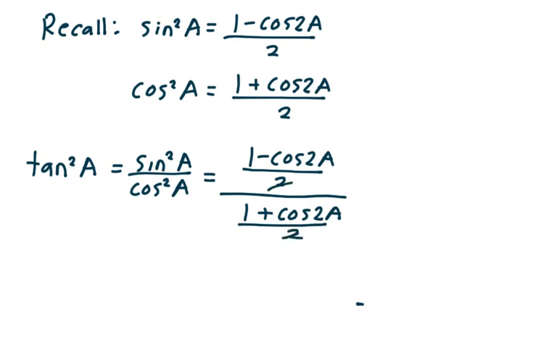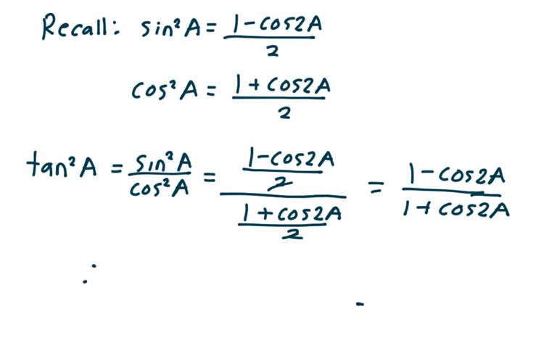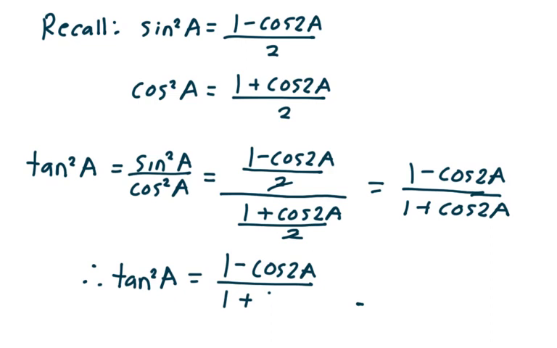But the 2's cancel, and we get 1 minus cosine 2A in the numerator, and in the denominator we get 1 plus cosine 2A. And so that gives us an identity for tangent squared A. And I look at that as another power reducing formula, okay? So we get (1 minus cosine 2A) divided by (1 plus cosine 2A).